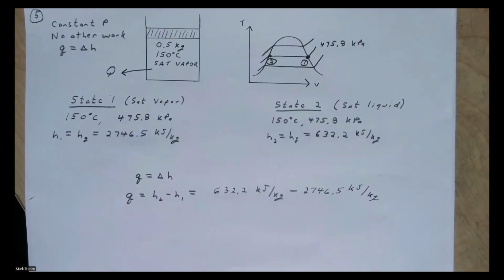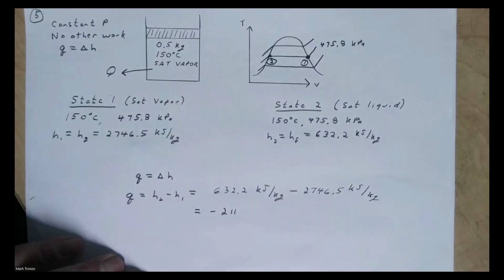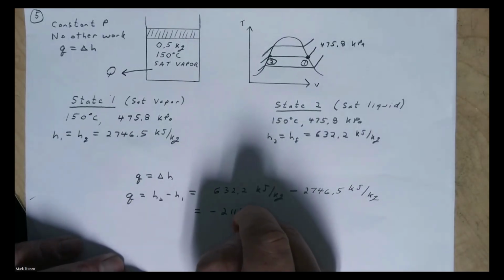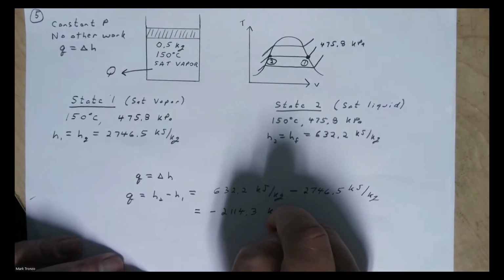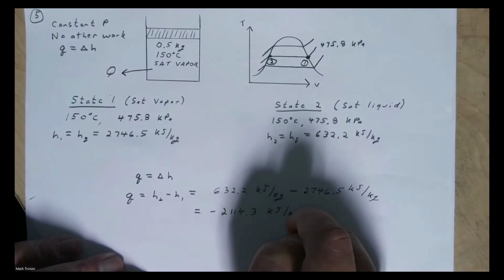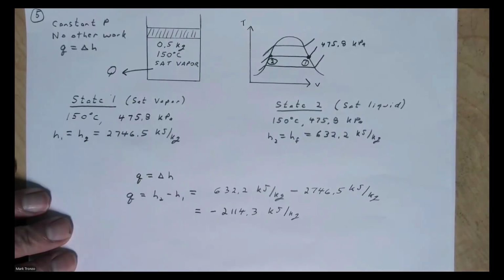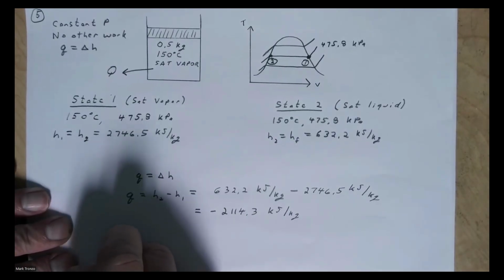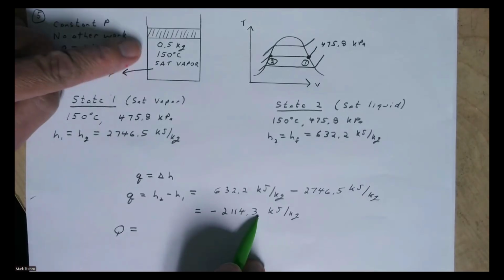And when we take that difference, this is negative 211.4.3 kilojoules per kilogram. And then to find the actual heat transfer, how much heat loss we had, we'll multiply this by the mass.